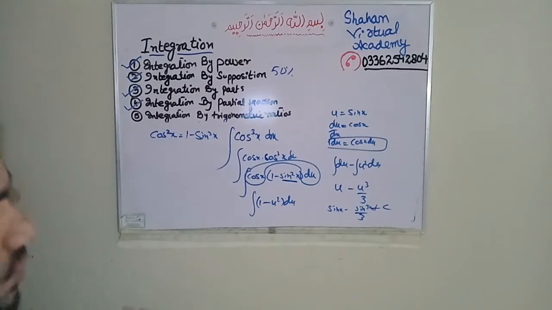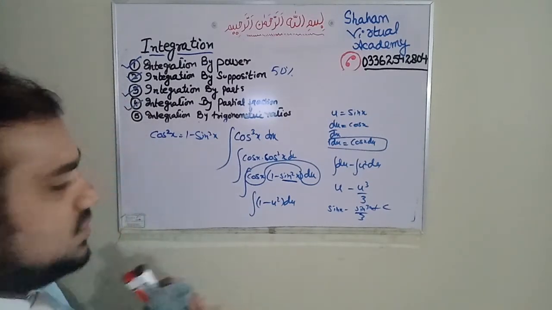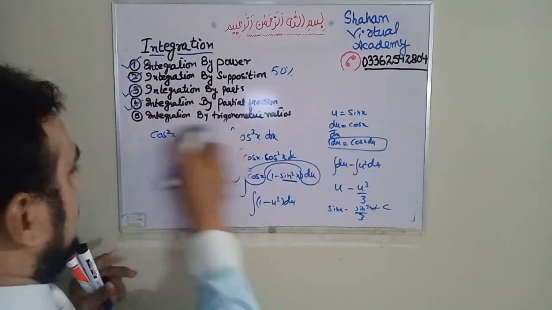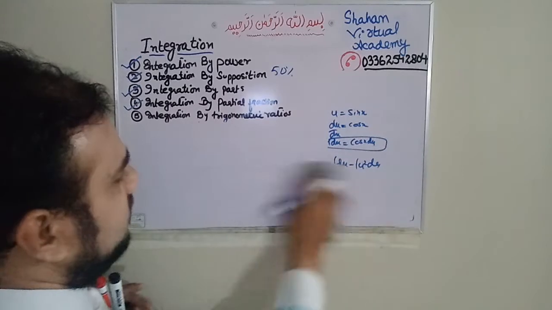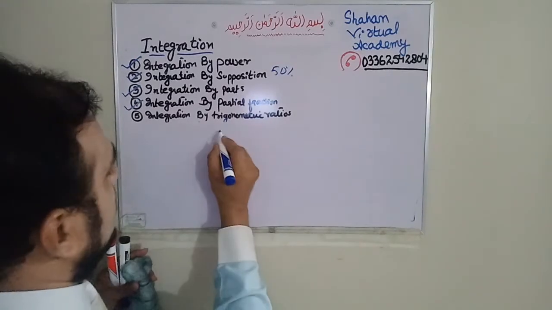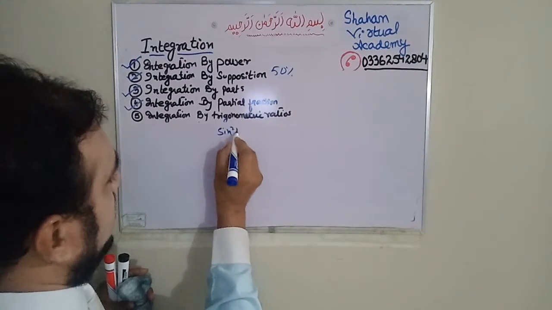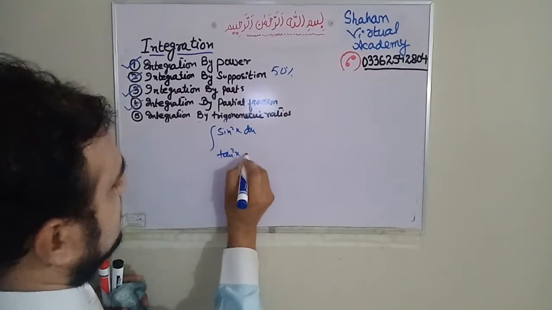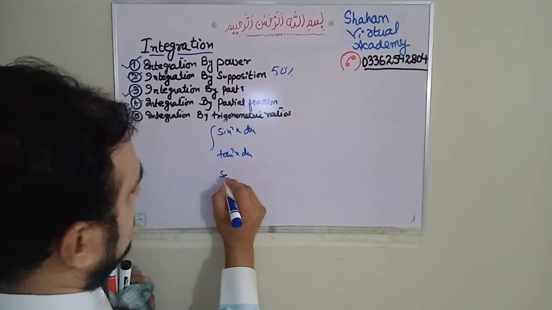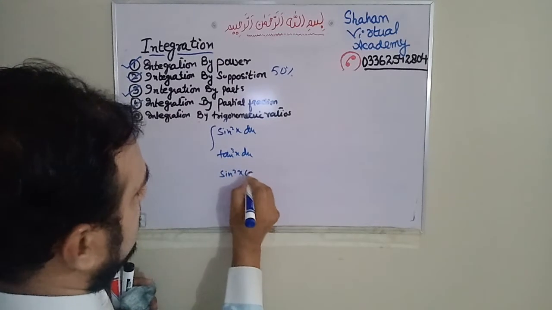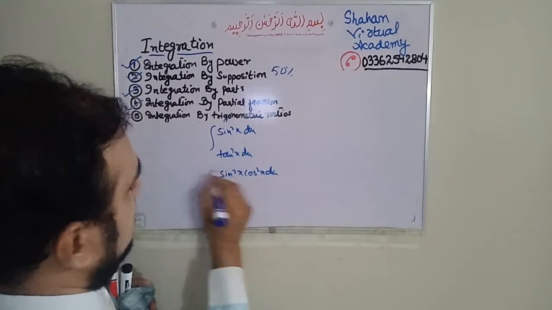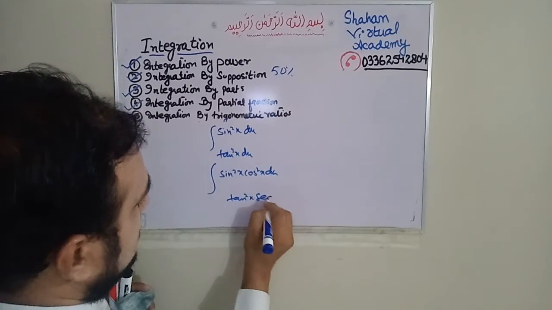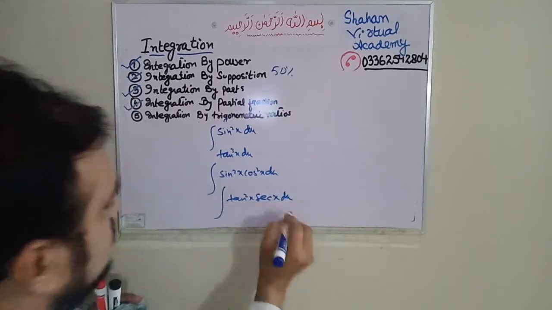Basically, in the trigonometric ratios, if you understand how we can break the values, you can solve it easily. And with the same rule, we can do that for sine square x dx, tan x dx, sine x sine square x cos square x dx, tan square x sec x dx. So simple.